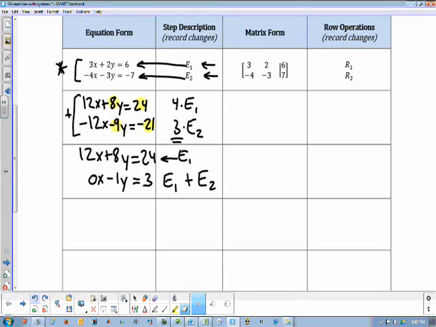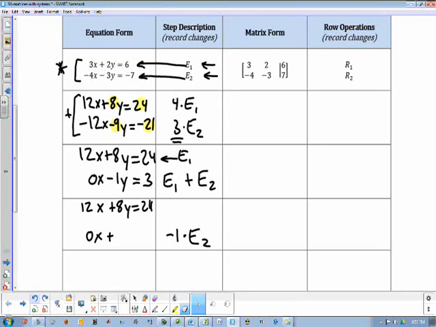Let's go ahead and take the last equation and multiply it by -1. Let's take -1 times E2. Okay? This top one, we're just going to copy it down. 12x plus 8y equals 24. And we're going to multiply the second one by -1. We get 0x still.